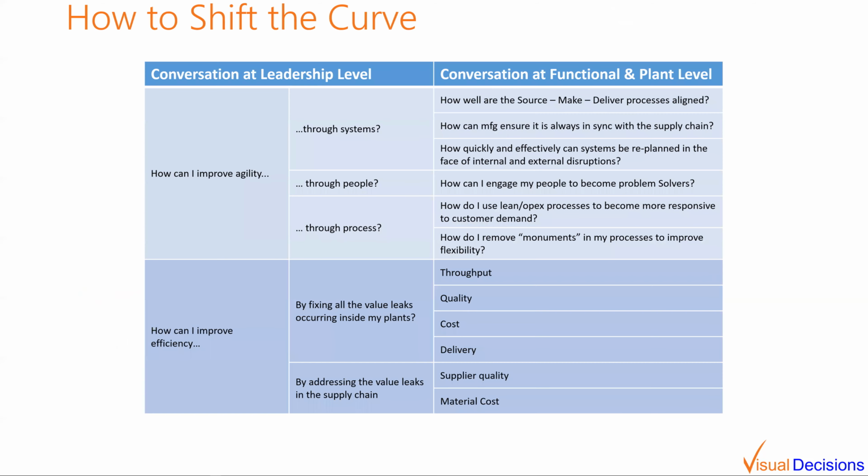And when we look at how to shift that curve, some of the things that we can do to improve agility are through systems, through people, through processes, making sure that we have alignment between our source, make, and deliver processes, making sure that manufacturing is always in sync with the supply chain.